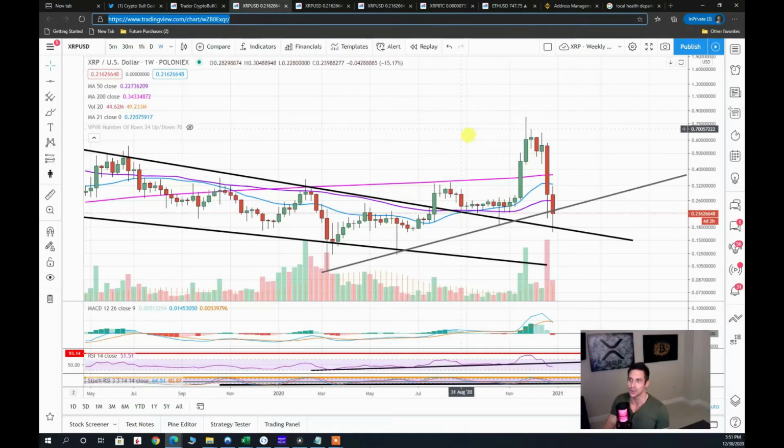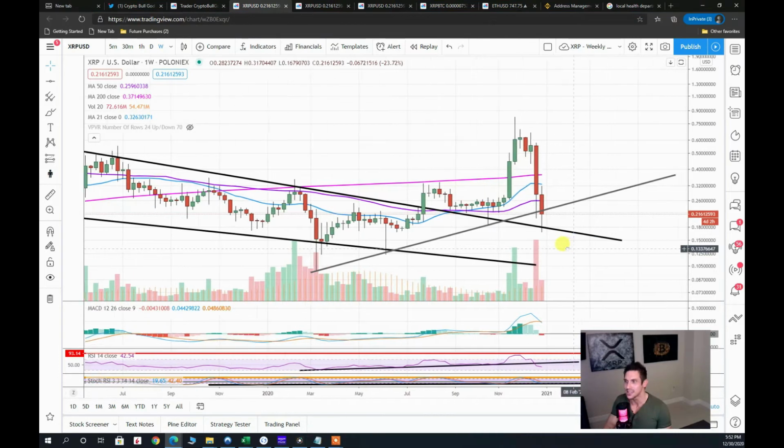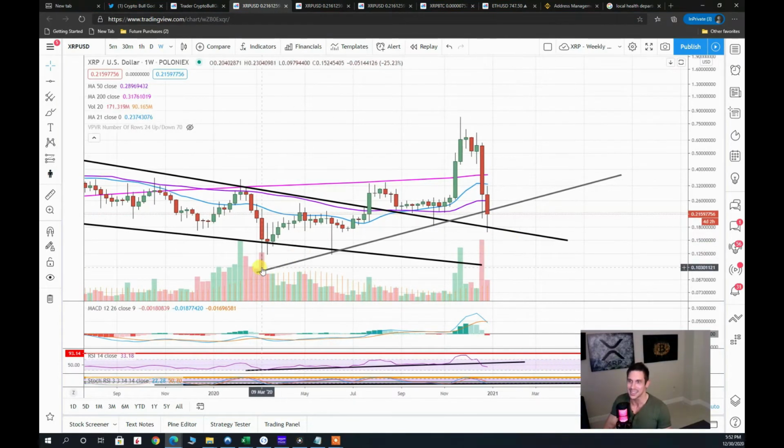Let's first start off with the weekly. This is not a good chart. This is an uptrending line here that we held as support. Last week we had a massive drop in price. We fell below all of these moving averages, which was not good to see. We did manage to close above the 50, and we did manage to hold this area of support. I was feeling, honestly, a little optimistic.